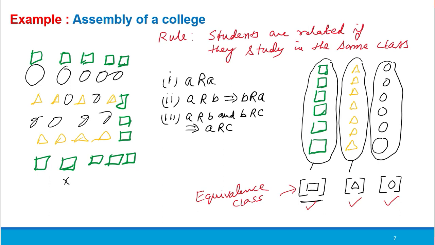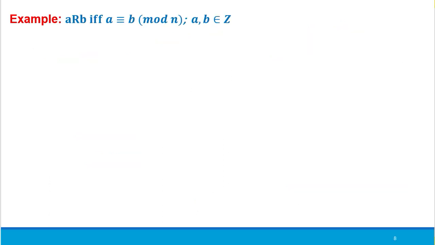Now let us move further and have some more mathematical ideas. Let us take this example: A is related to B if A is congruent to B mod n. Now what is the meaning of A is congruent to B mod n?